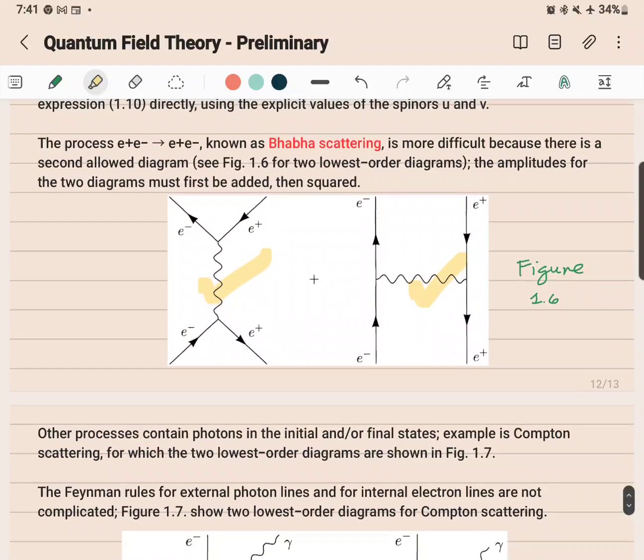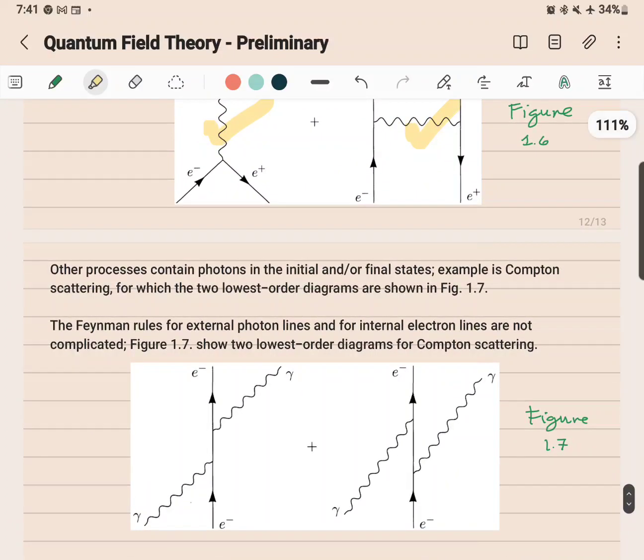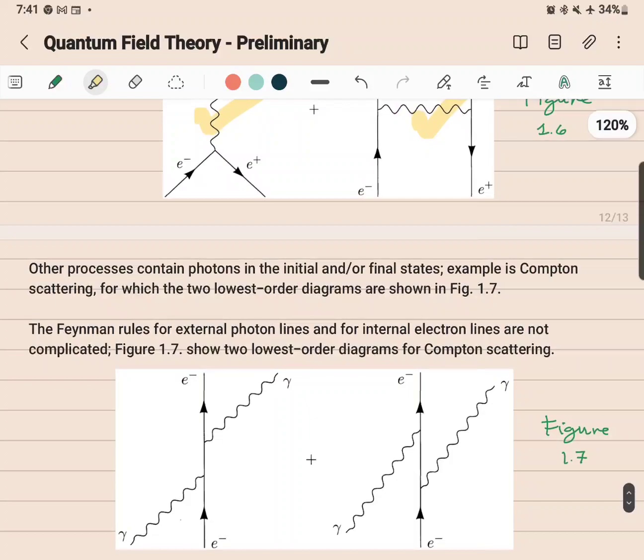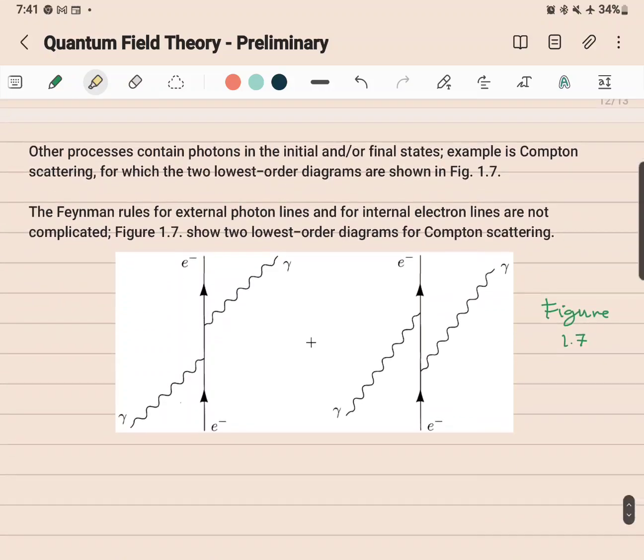Other processes contain photons in the initial and or final states. For example, Compton scattering, for which the two lowest order diagrams are shown in figure 1.7, and the Feynman rules for external photon lines and for internal electron lines are not complicated.